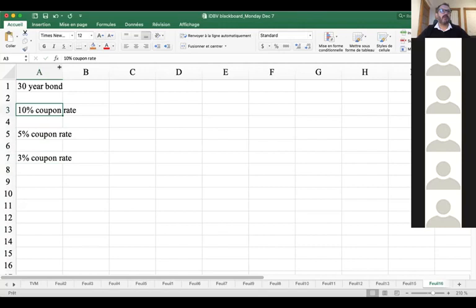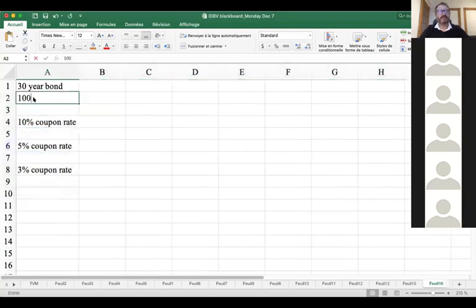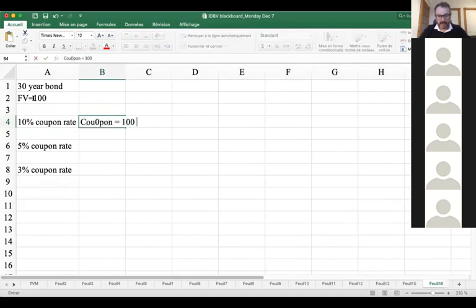And the face value for everyone is 100, right? Face value is 100. So 10% coupon rate for 30 years is going to be, so the coupon will be 100 times 10%, okay? So it's 10.